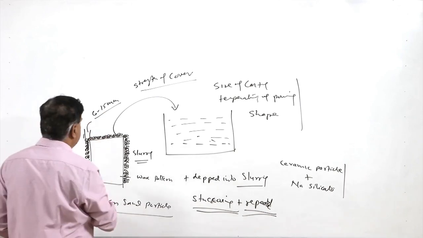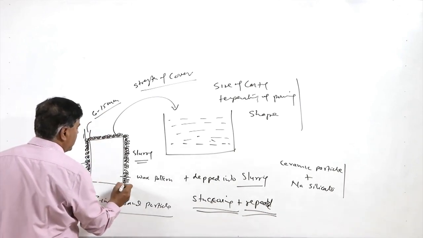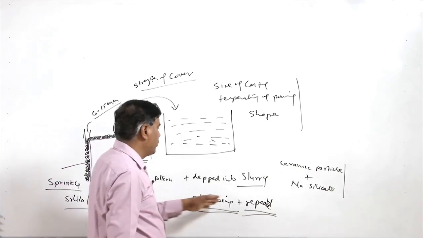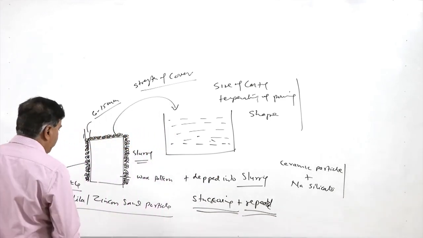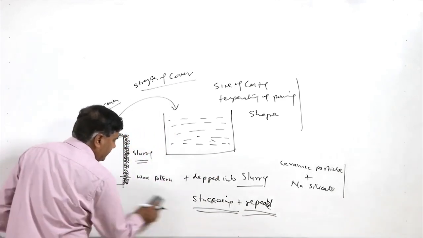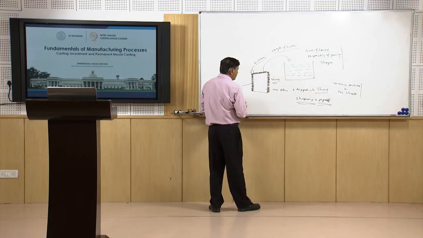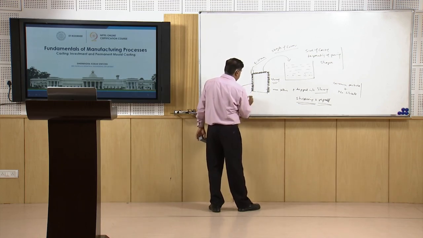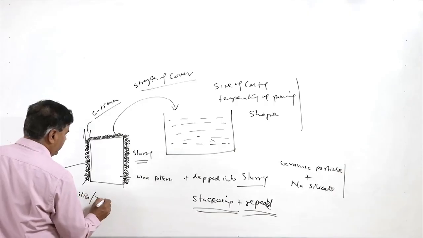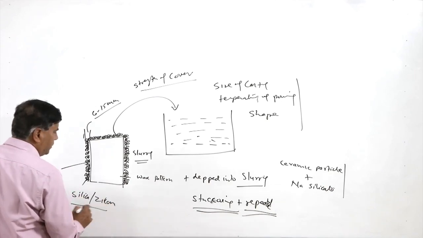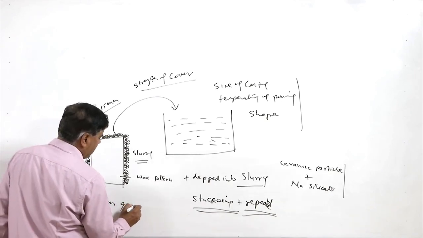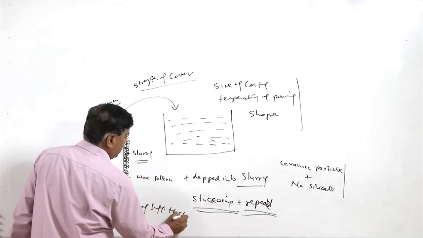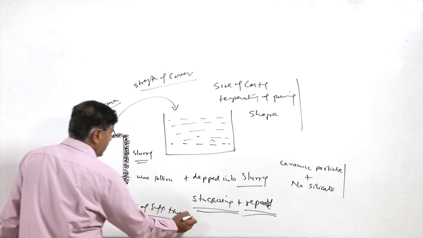Once sufficient thickness of silica grains over the wax pattern has been applied by the stuccoing process, the process is stopped.